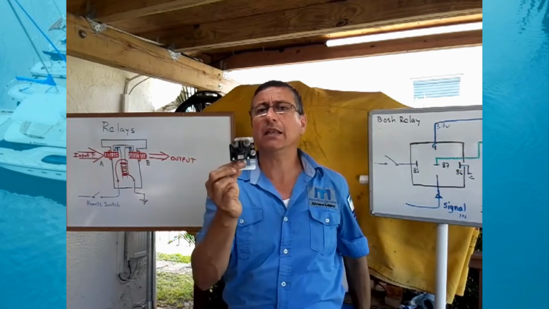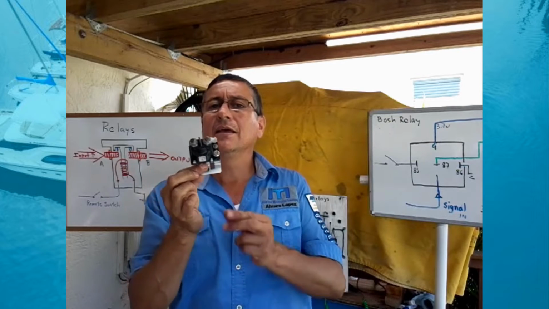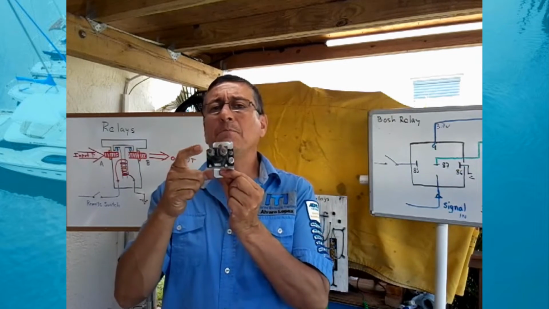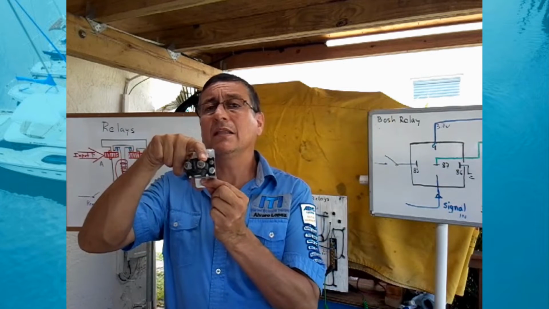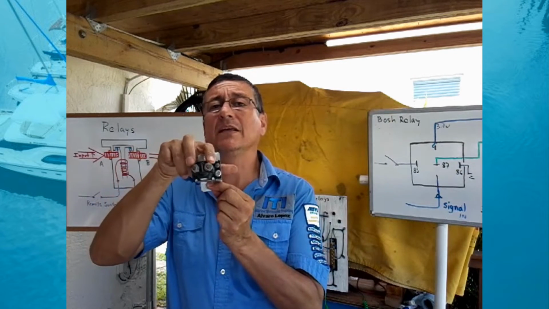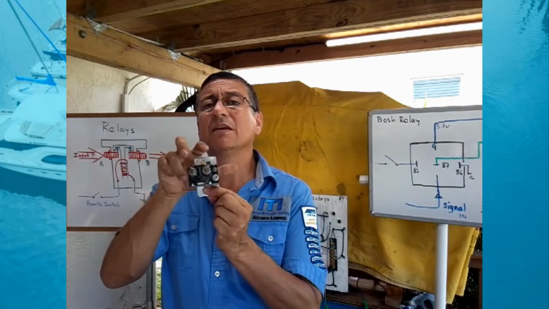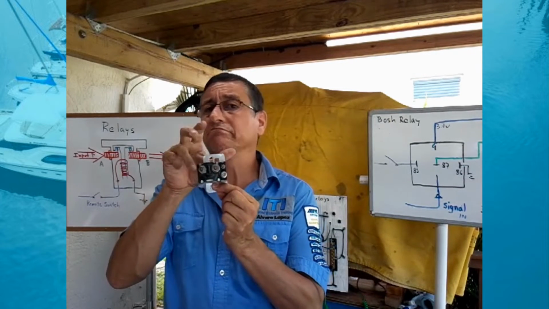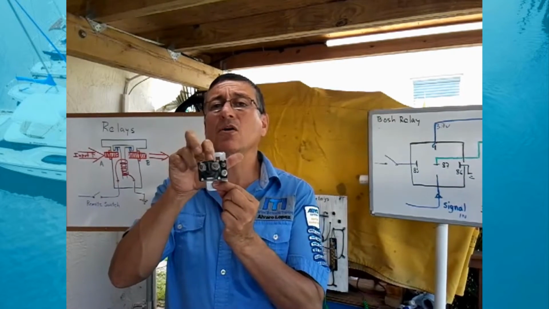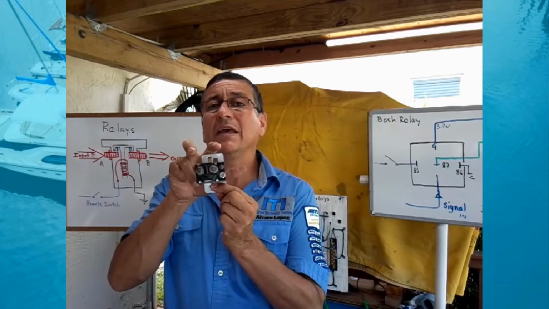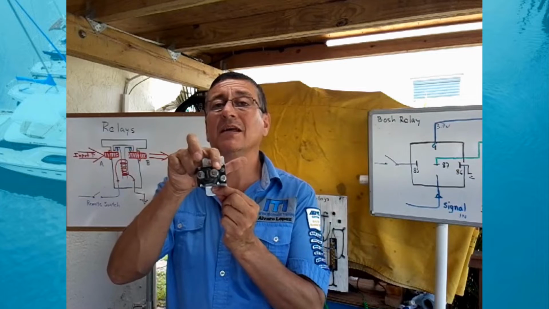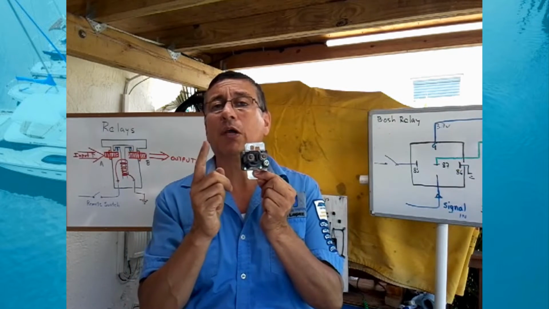What happens internally in the relay? Normally, terminal A, the bus of terminal A, is a copper metal, and terminal B, they are separated. But in between both of them, there is a piece of ferrous alloy, steel or iron alloy. That piece of metal in between this terminal and this terminal is surrounded by a coil.